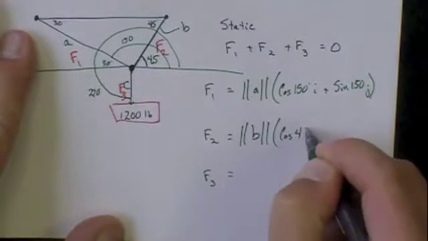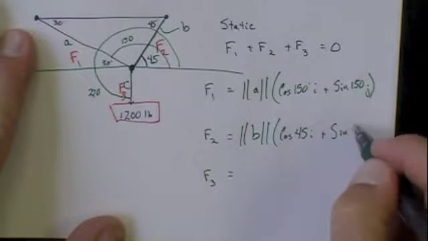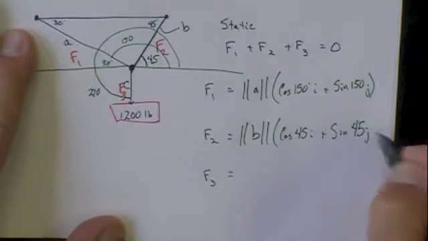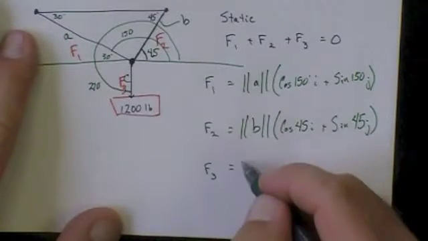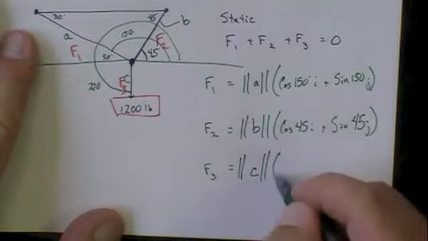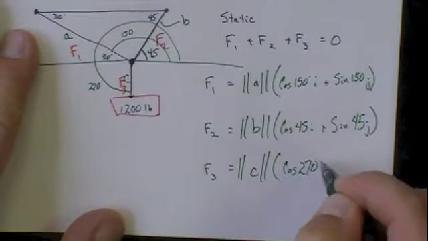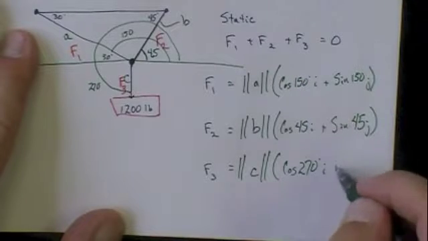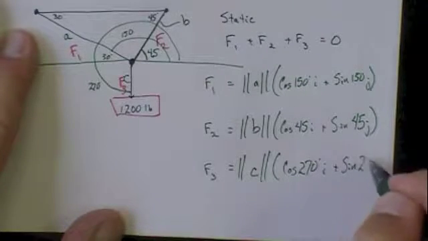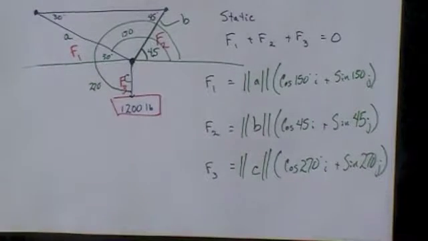So we have the cosine of 45 for the i component and the sine of 45 for the j component. And then our magnitude here for C and cosine of our angle, 270 degrees. That's our i component. And the sine of that angle is our j component. All right, so now we have that set up. Next, we'll set up our equations.